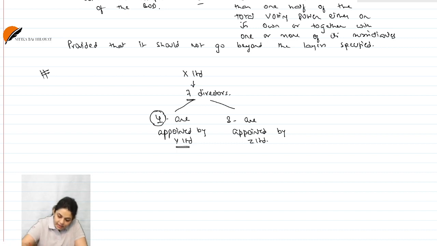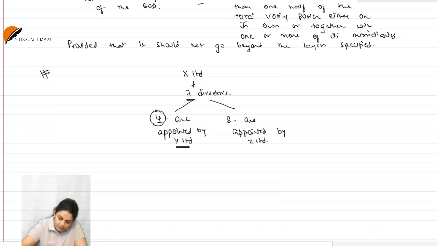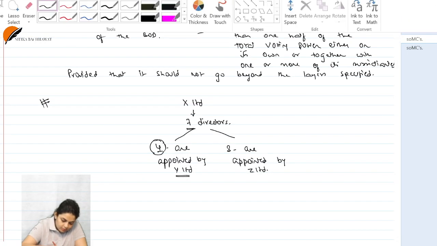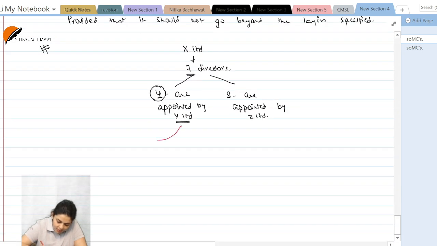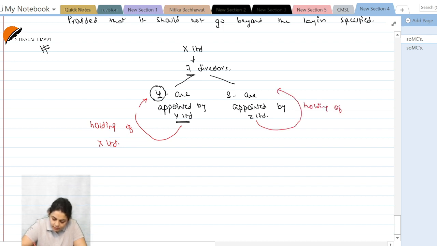So, can I say Y Limited is the holding of X Limited? Yes or no? Yes. It is the holding of X Limited. Now, can I say Z Limited is the holding of X Limited?